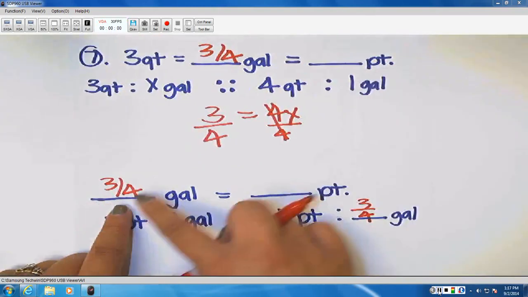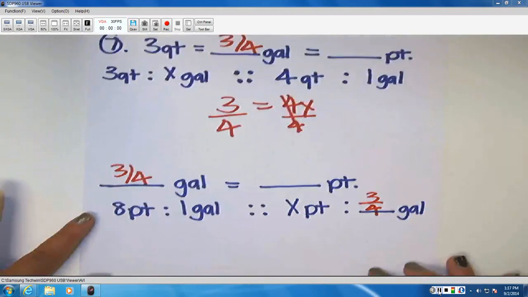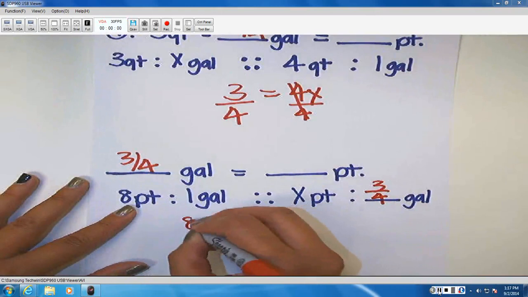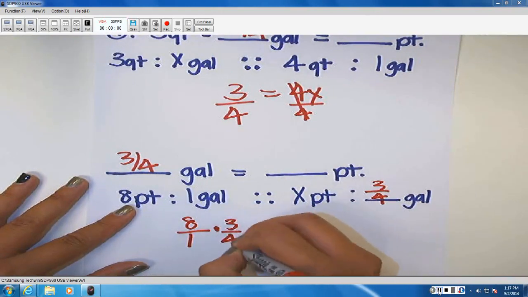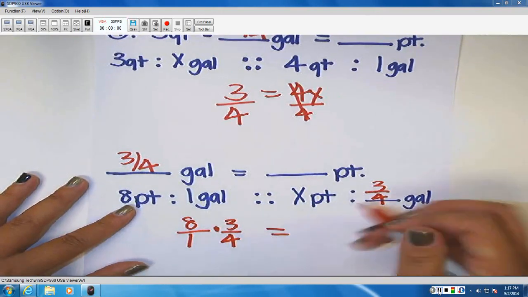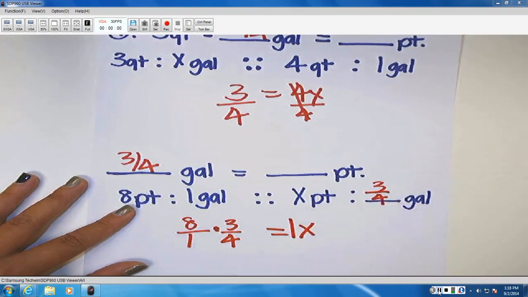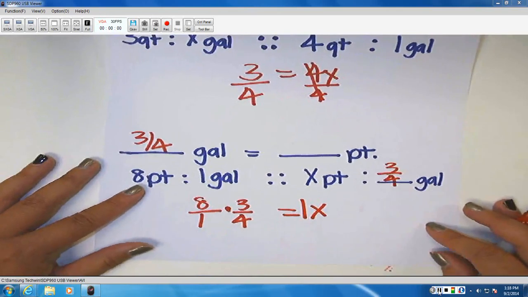So if 3/4 of a gallon equals how many pints? I'm going to do my math. I'm going to take my 8 and multiply it by my 3/4. And that's going to equal 1x. So do my math, first of all, with this equation. I know that I can reduce.